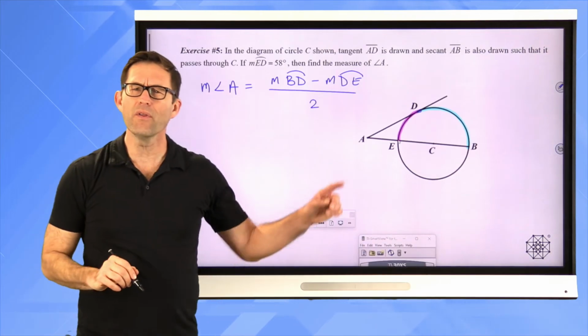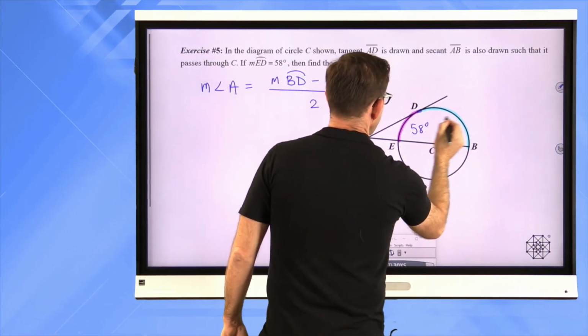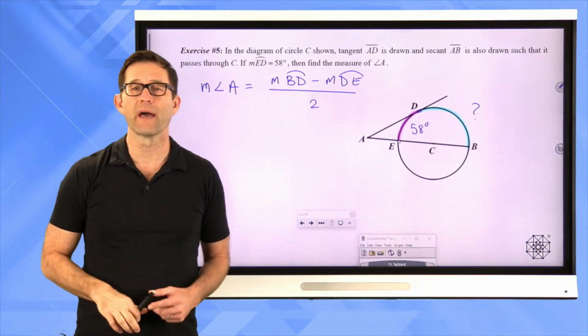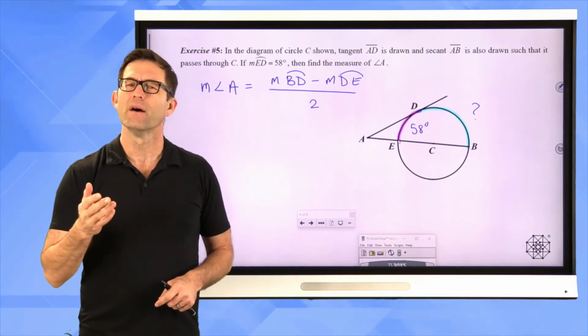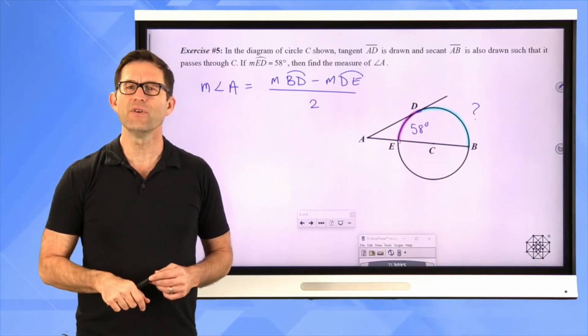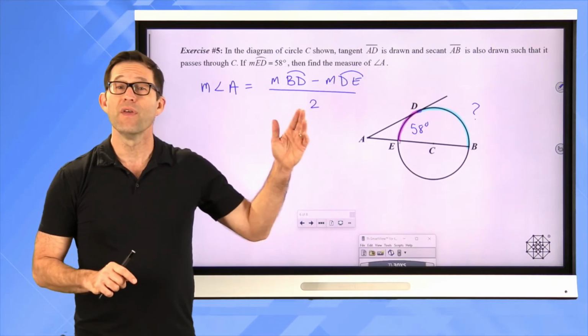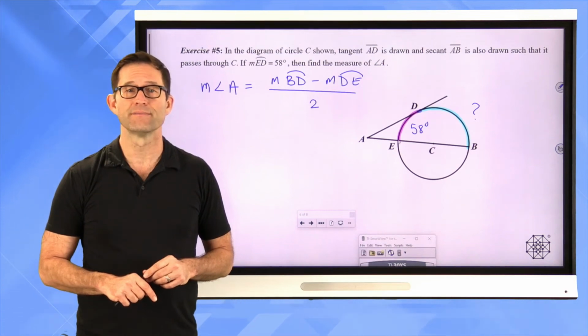Okay, now we know the measure of arc ED. It's 58 degrees. But in order to figure out the measure of angle A, which is what I'm being asked for here, I need to figure out what the measure of arc BD is. Pause the video now, see if you can figure out what the measure of arc BD is, and if you can, then use it inside of this formula to figure out what the measure of angle A is.